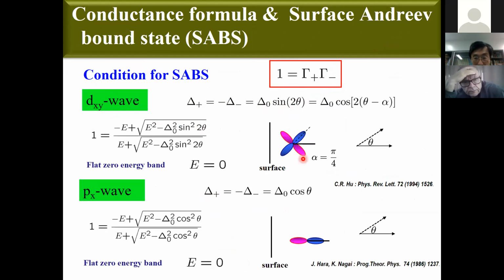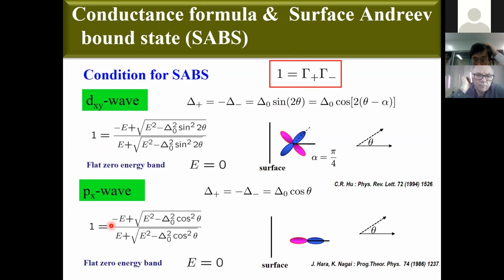Naively, we consider such a pair potential: delta plus equals delta minus equals delta 0 sine 2 theta, because delta minus is the potential with pi minus theta, and delta plus is the potential for theta. Applying these pair potentials into this equation, we get this answer, and automatically we can see that E equals 0 is a solution, which was first mentioned by Tanaka and Kashiwaya.